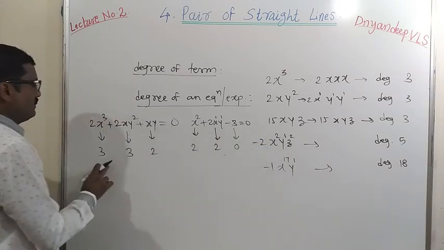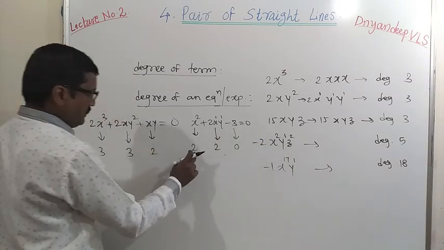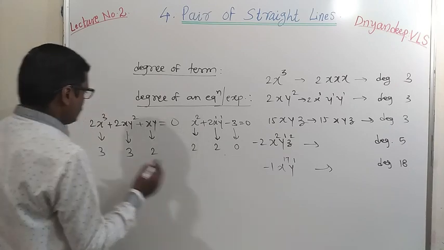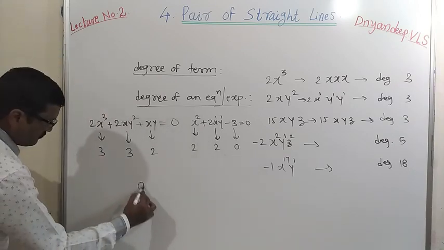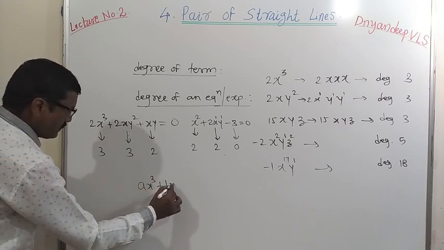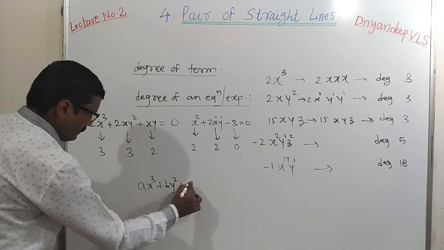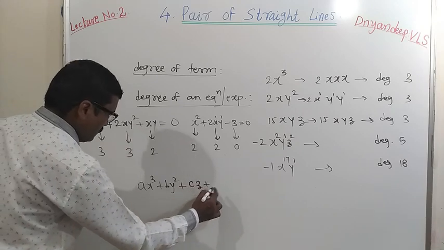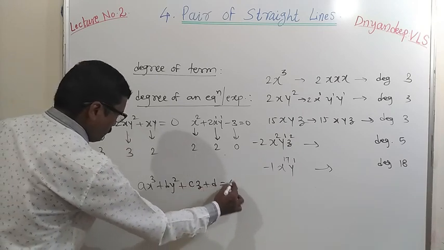So in the first example the degrees are 3, 3, 2. In this example the degrees of terms are 2, 2, 0. Let us take one more example: a x cube plus b y square plus c z plus d equal to 0.